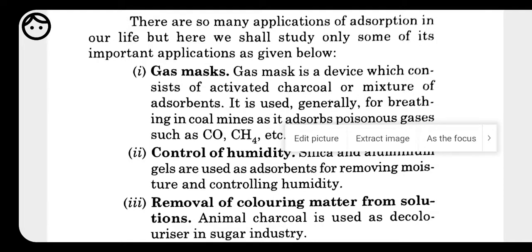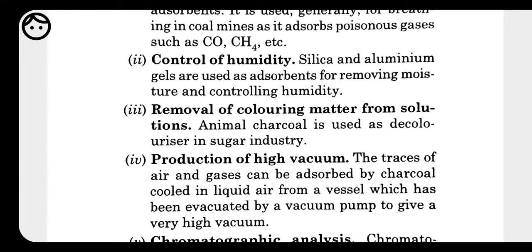Next is the removal of coloring material from solution. Here we take the example of sugar. Sugar is made from sugarcane, and its actual color is yellowish brown. But when we pass this sugar through animal charcoal, the charcoal adsorbs the color present in the sugar and makes it colorless.